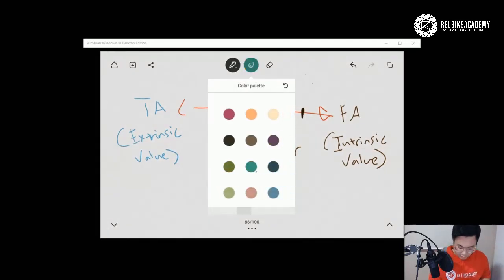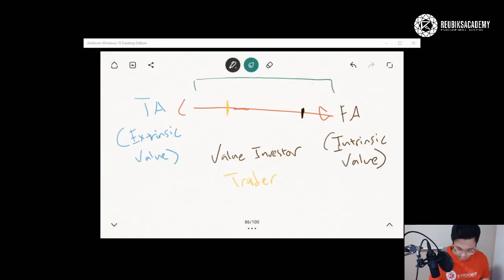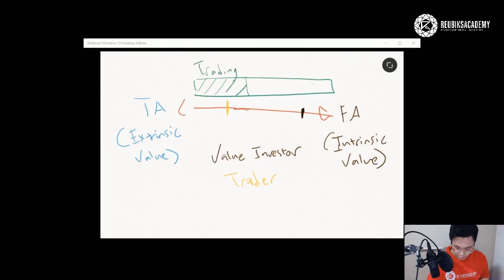They have this amount of money, maybe they reserve this part for trading, and they reserve this part for value investing. So it really depends on what your style is.